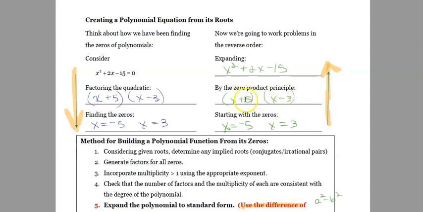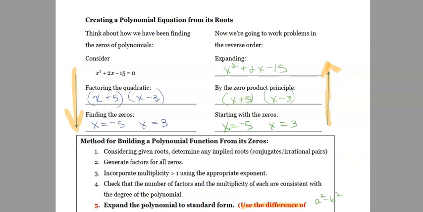And then you're going to FOIL, this is not the difference of perfect squares, and you're going to FOIL and get this. Okay, so you can think of it either way. In any event, you should be able to seamlessly move from the zeros to the standard form. And the intermediary piece is going into the factored form.